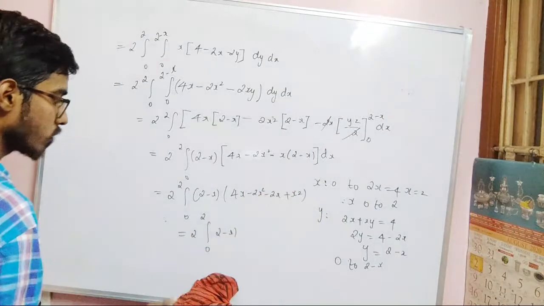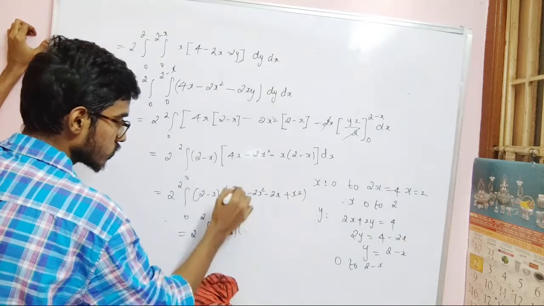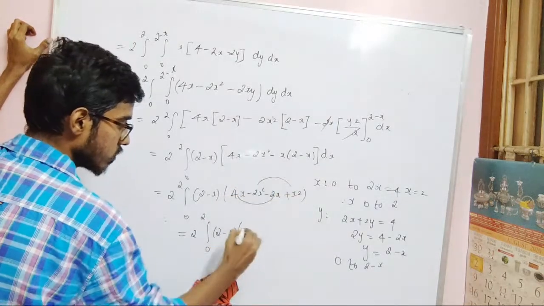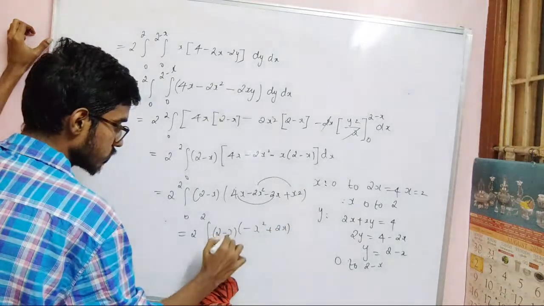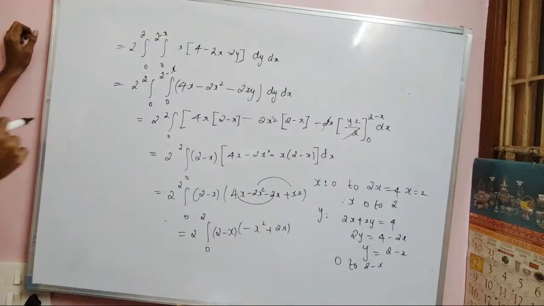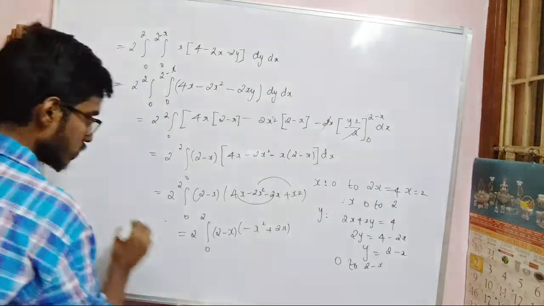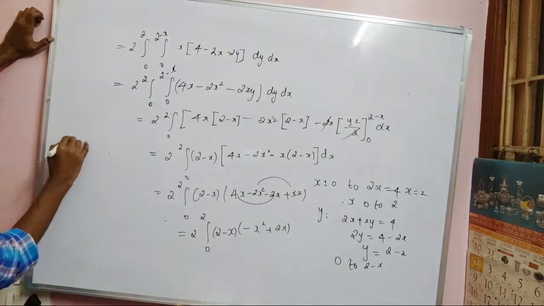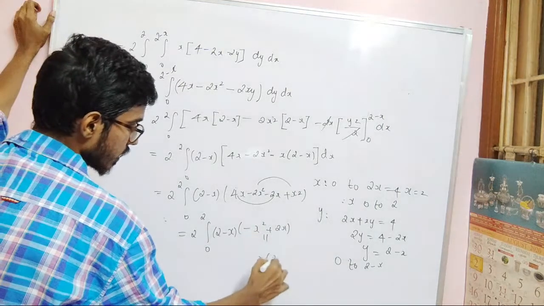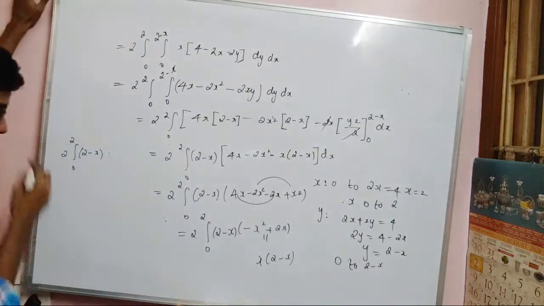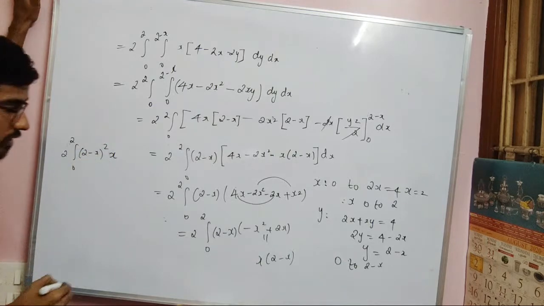So 2 minus x into x square. 4x minus 2x is 2x, so this will be minus x square plus 2x. So this will be 2 times integral 0 to 2. Again I can take x common here, and we have 2 minus x. So this is nothing but 2 minus x whole square into x.